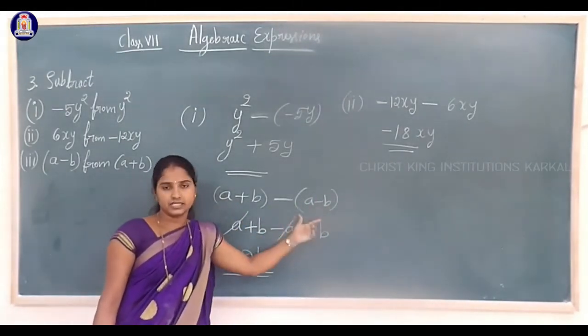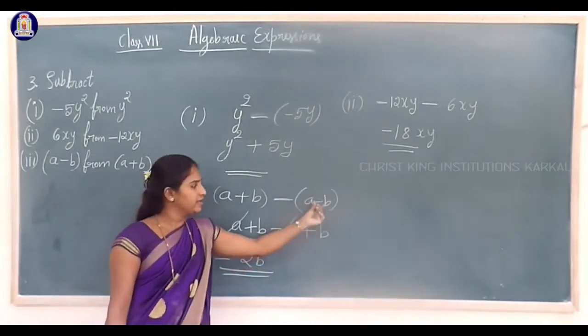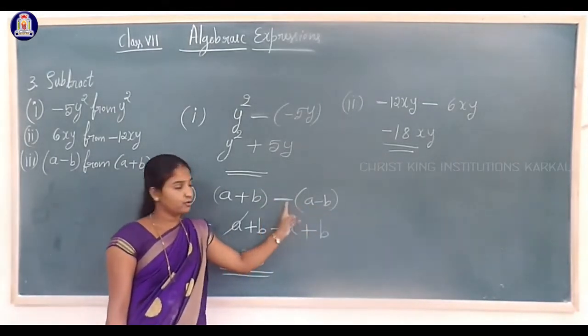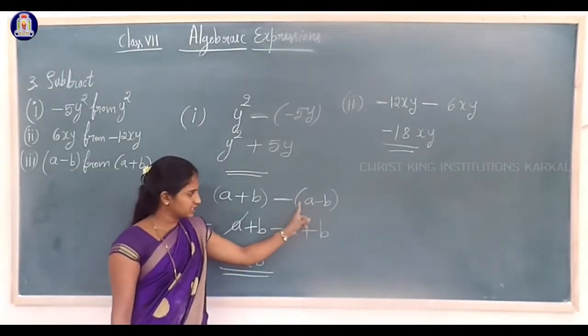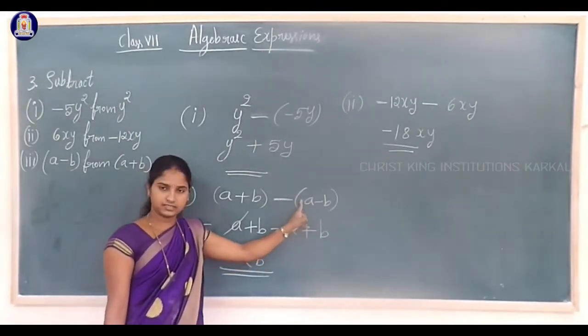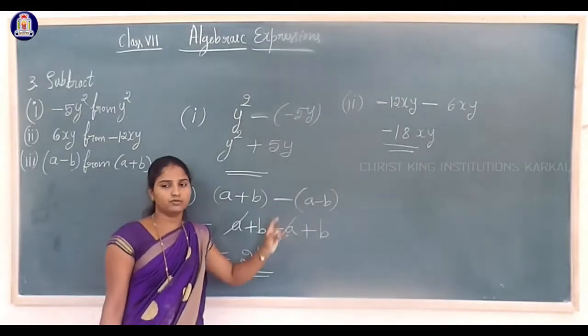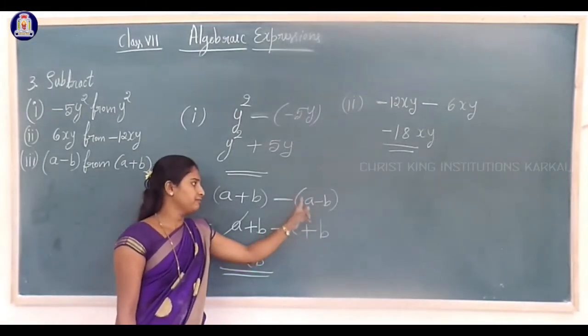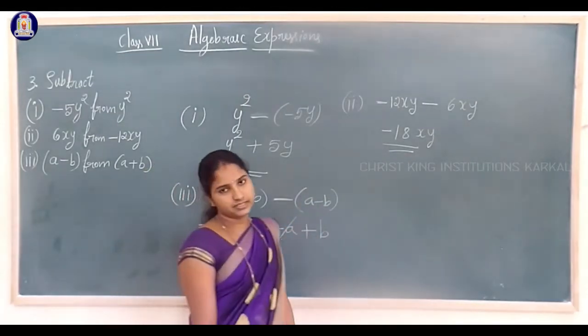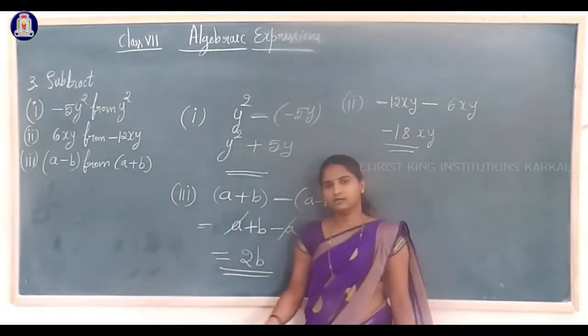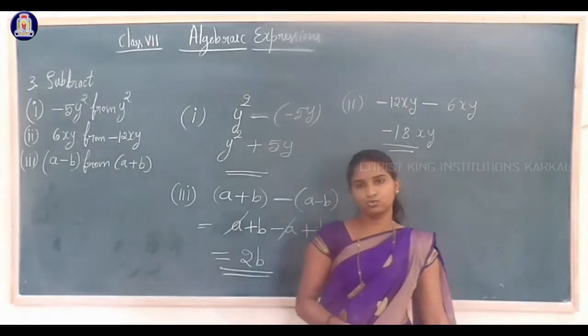Binomial means having two terms. A minus b is the binomial. So minus into plus: here the sign is plus. There is no sign written, but you have to imagine there is a plus sign. Plus into minus, minus; minus into minus, plus. Then simplify the terms, you get a plus 2b.